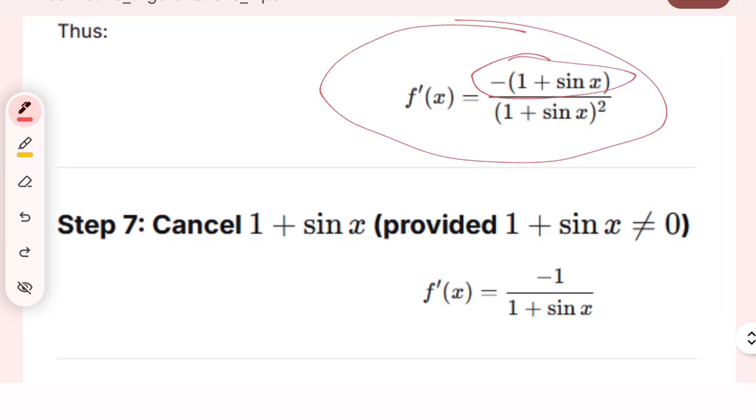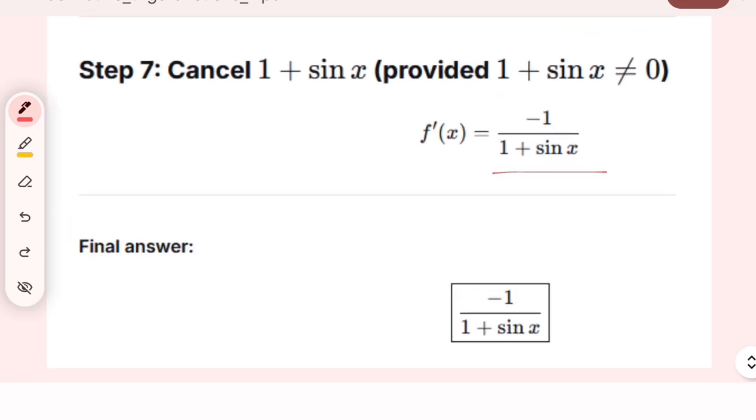There will be negative 1 that's left in there. But in the denominator, we can cancel out one of the 1 plus sine x, and what is left is 1 plus sine x, right? So that would be our final answer. The final answer is negative 1 over 1 plus sine x.